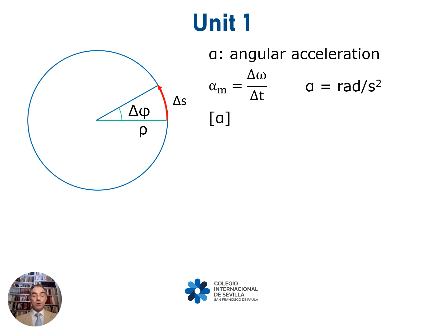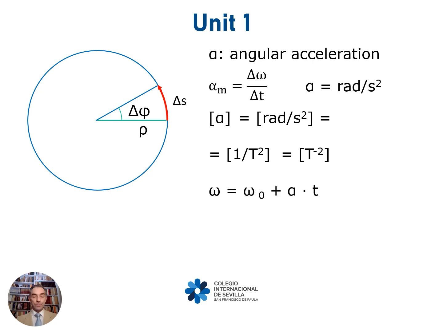The dimensions of alpha will be the dimensions of radians divided by second squared. The dimension of radian is 1, therefore it will be 1 divided by time squared, which equals time to the minus 2.